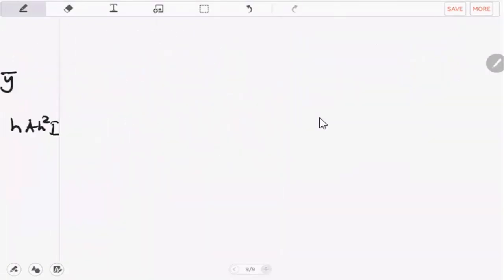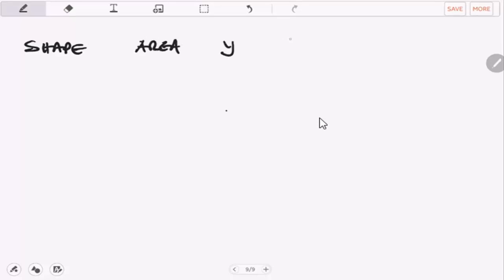So let's say shape, area, y, ay, h, a h squared, then I neutral axis. We used to calculate this thing like this.